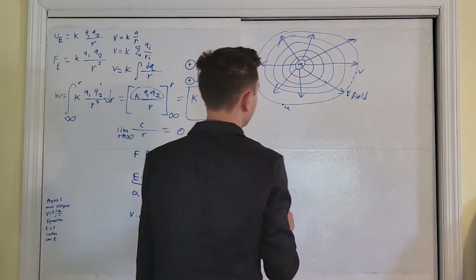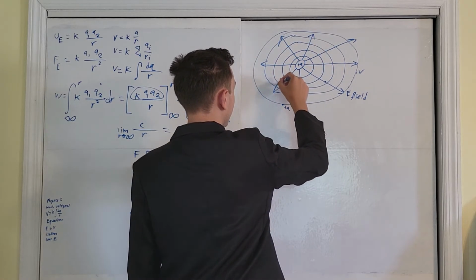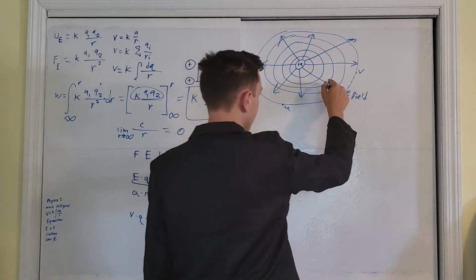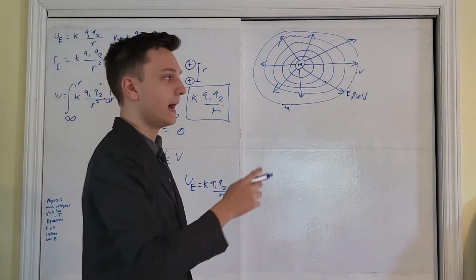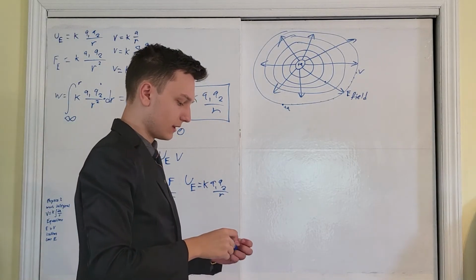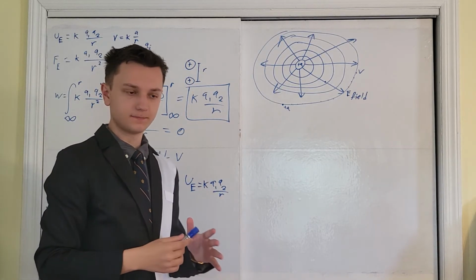The reason for that is that in order for electric potential energy to be constant everywhere on the isoline, there can be no work done at any point on that isoline. What is the force that would be doing work in this case? The electric force.